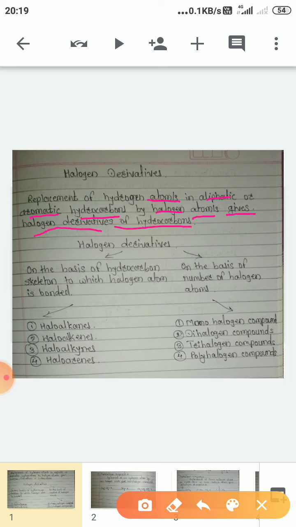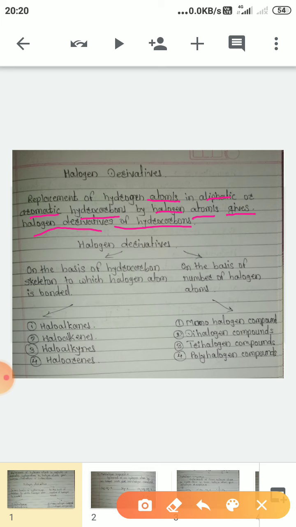Or you can simply write it as: the replacement of one or more hydrogen atoms of aliphatic or aromatic hydrocarbons by one or more, or the same number, of halogen atoms. The resulting compounds are called halogen derivatives of hydrocarbons.